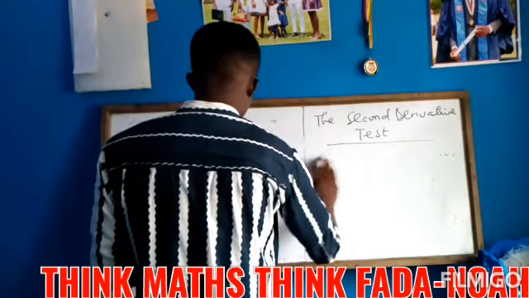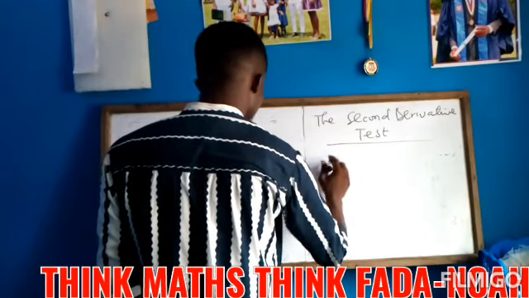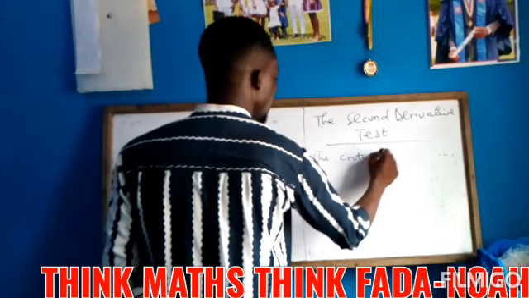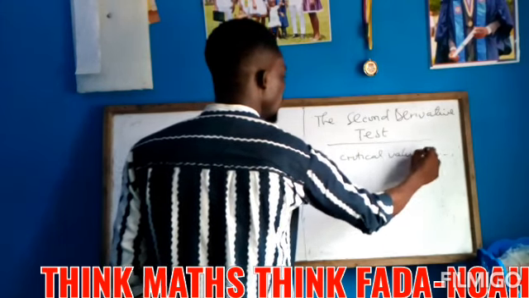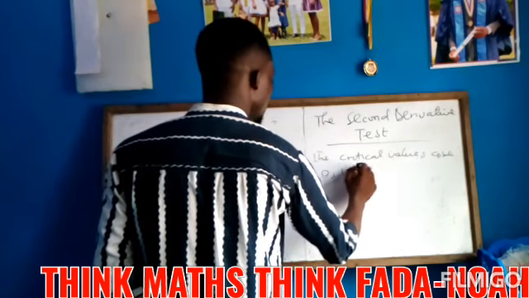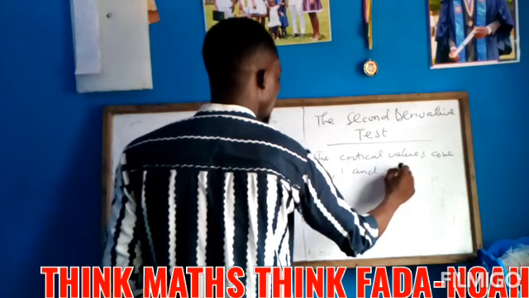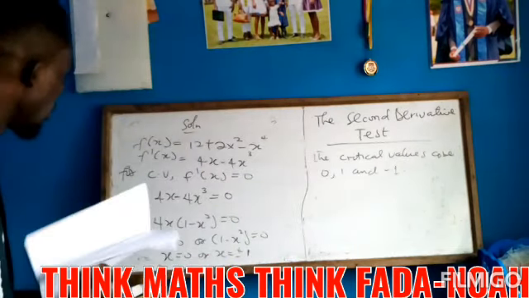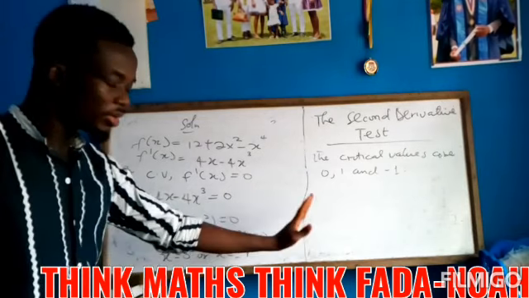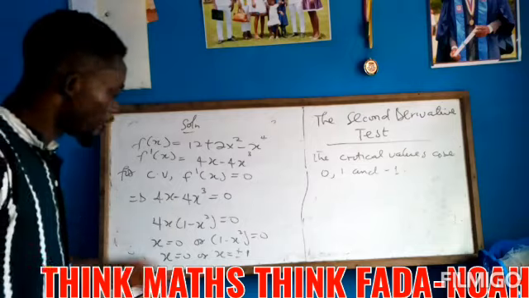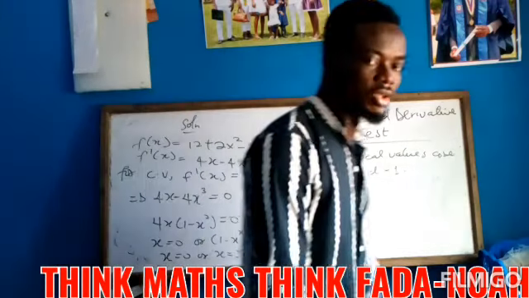So our critical values are 0, 1, and minus 1. Before you write all the critical values, we observe f prime of x, which is 4x minus 4x cubed.